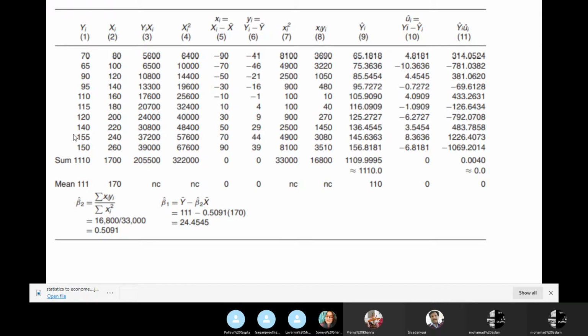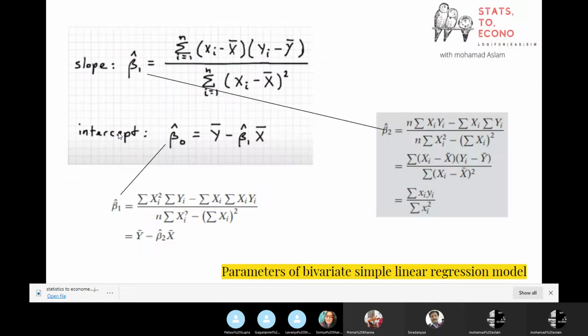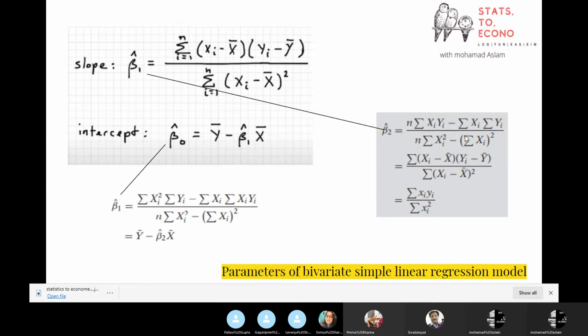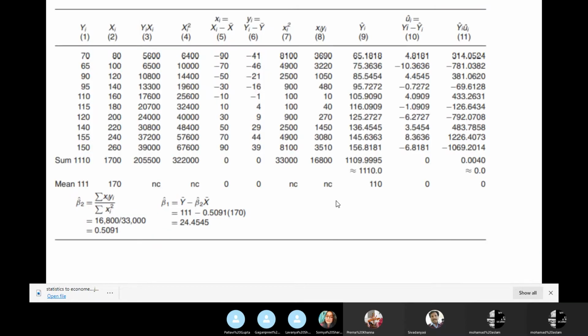This is our y variable, the dependent variable, and this is our independent variable. Now you have to keep in mind that these are the formulas to apply to find the intercept and slope. If you go by this formula, you need all these calculations, and if you go by the other method, then you need x mean, y mean, and then all the calculations.